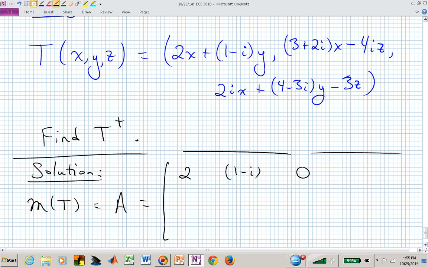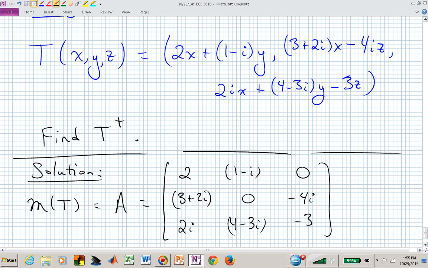The second row of A. This isn't so bad, is it? And now we can build up the last row. That's 2i, 4 minus 3i, and minus 3.